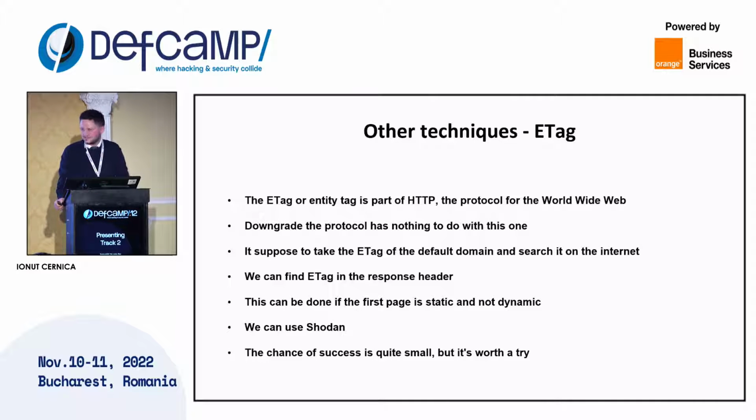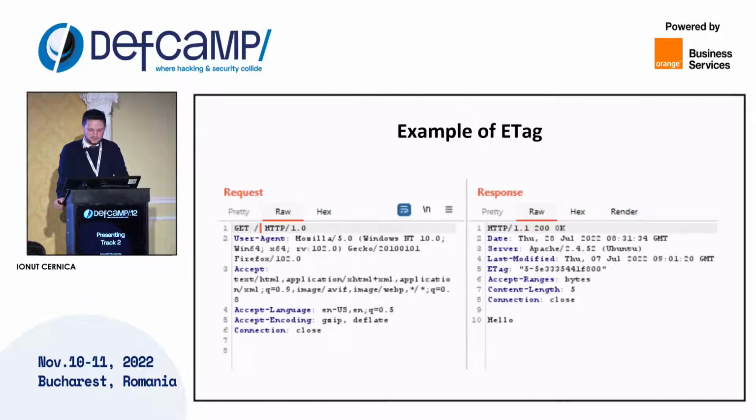Other techniques developed by me, like searching the Tor URL on the internet: you can search for the e-tag on Shodan. The e-tag is part of the HTTP protocol for the World Wide Web, and downgrading the protocol has nothing to do with the e-tag technique. The e-tag is specific for static files. If you visit a static file, you have an e-tag, which is a unique value.